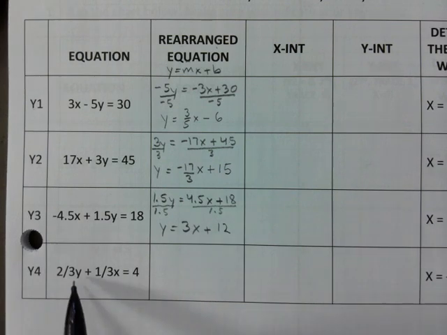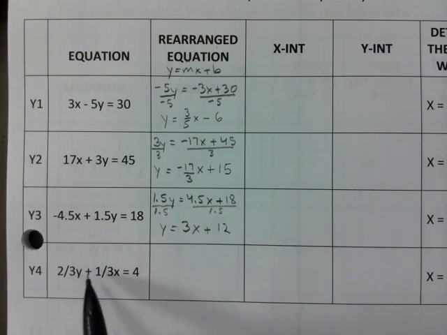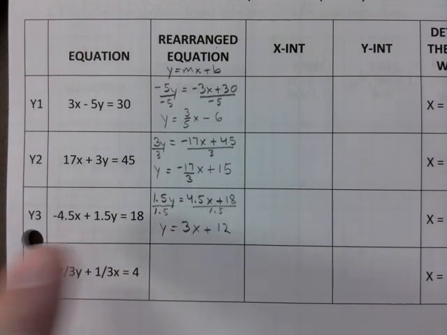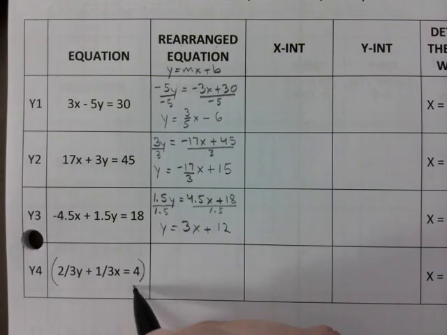And what's up with this? They give you $100 if you... no, I'm just kidding. 2 divided by 3 plus 1/3 x. The thirds, I don't like them. I'm going to multiply this whole thing by 3.